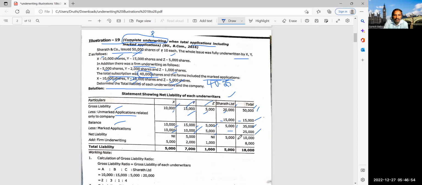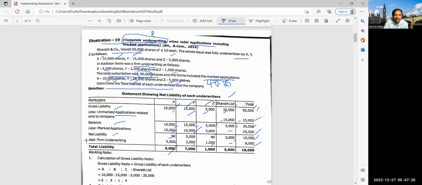So total is 25,000. What is the net liability? X nil, Y's liability 5,000, Z's liability nil, company's liability 5,000. Total 10,000. Now till here it's okay, but you need to add firm underwriting: 5,000 for X, 2,000 for Y, 1,000 for Z, total 8,000.